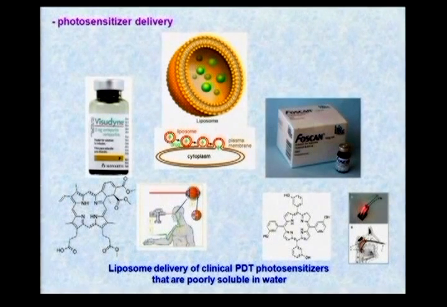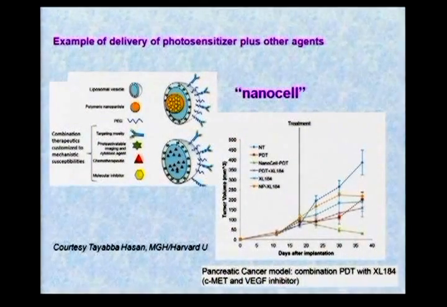So the lipid membrane of the liposome and the lipid membrane of the cells merge like two bubbles in the bath, combining to make a larger bubble, and the drug, the sensitizer, is delivered into the cells. So those are almost standard techniques now.